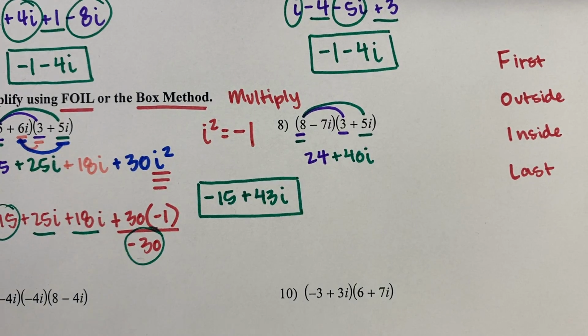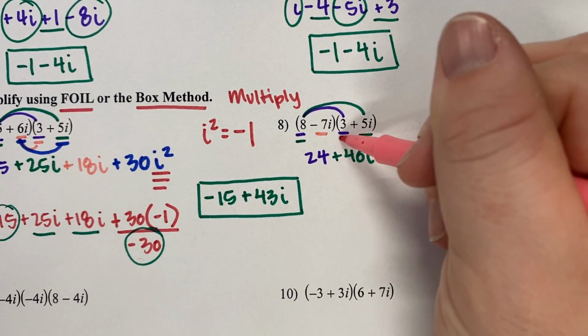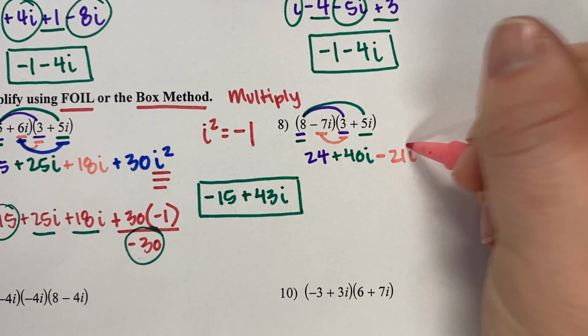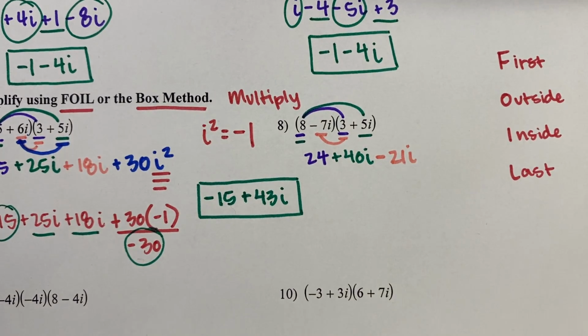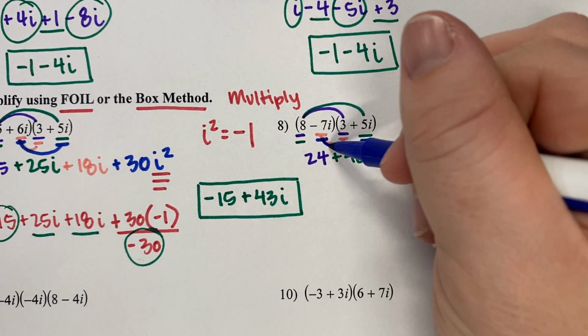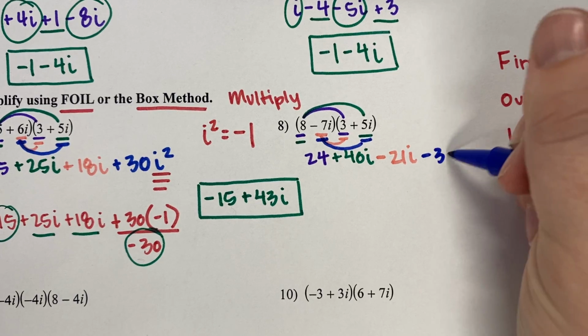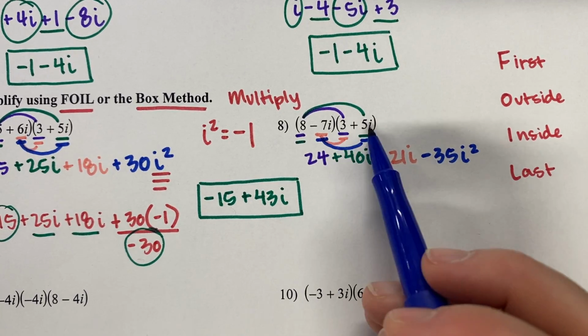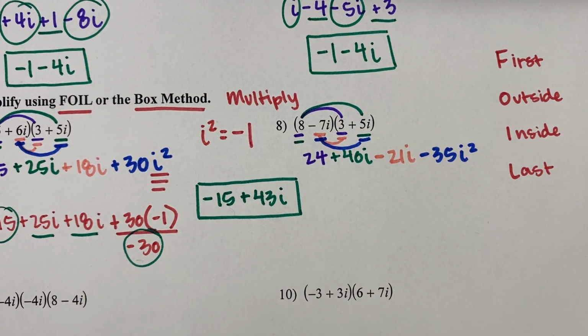Then I have my inside terms, -7i times positive 3. Well, that's going to be -21i. And L, my last terms, -7i times 5i, -35i squared. Remember that i times i turns into i squared.